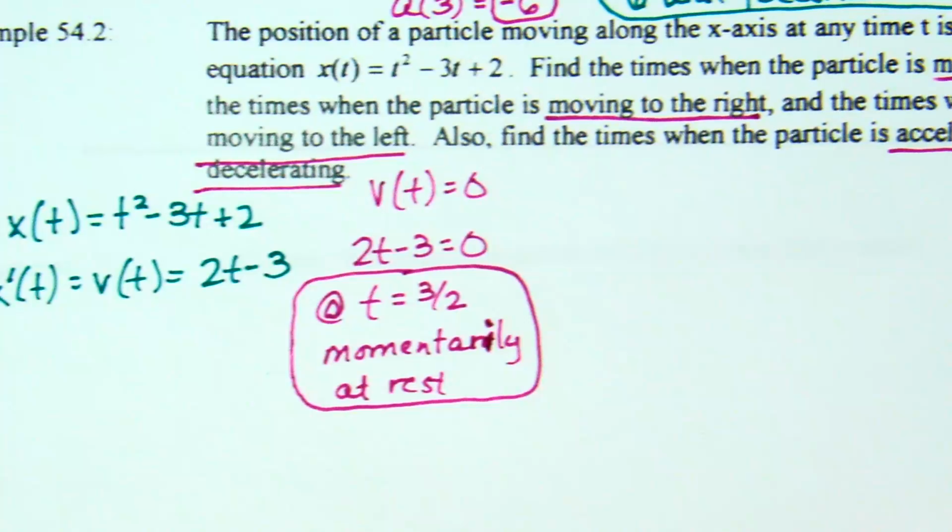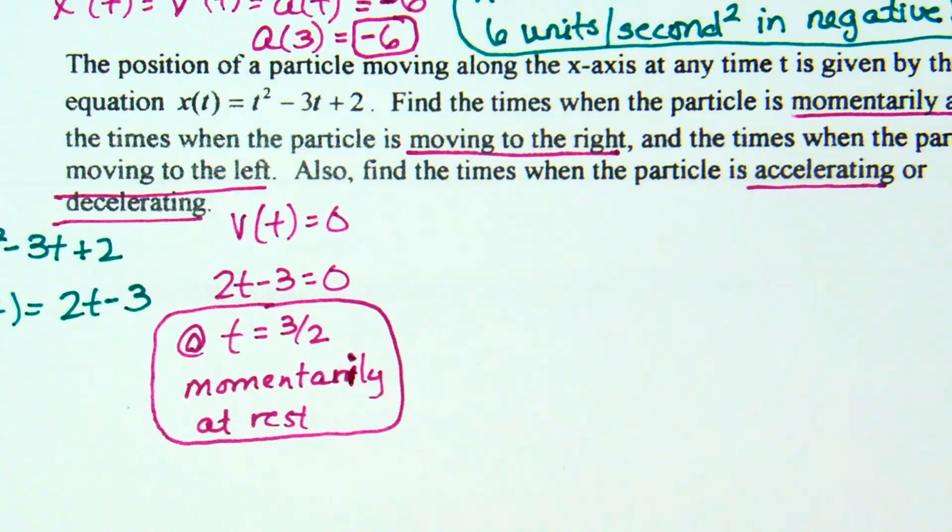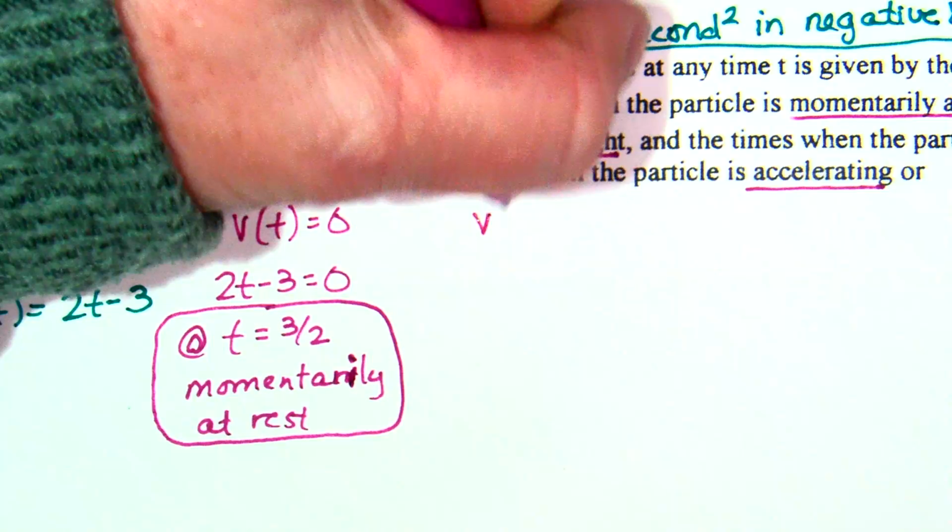Okay. They also want to know moving right and moving left. How am I going to find when the particle is moving to the right? Okay, when it has a positive velocity, yes? So that means positive velocity when v of t is greater than 0, yes?